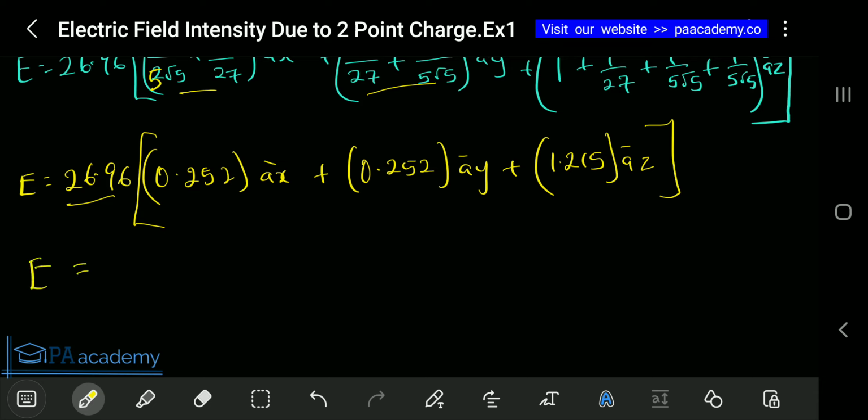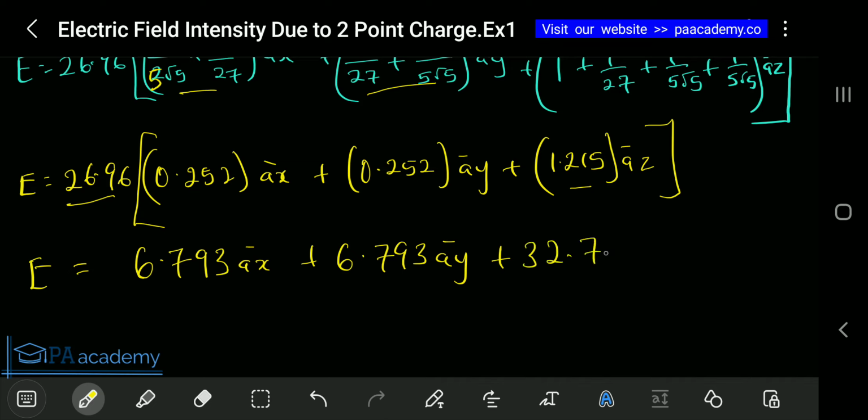So our E will be equal to 26.96 times 0.252, which gives 6.793 AX, plus 26.96 multiplied by the same value, 6.793 AY, then plus 26.96 times 1.215, and that would be 32.756 AZ.